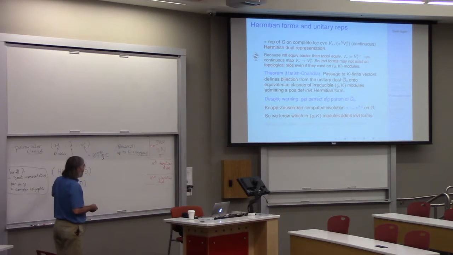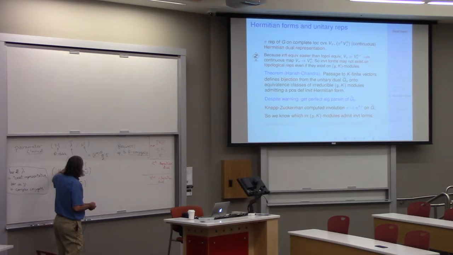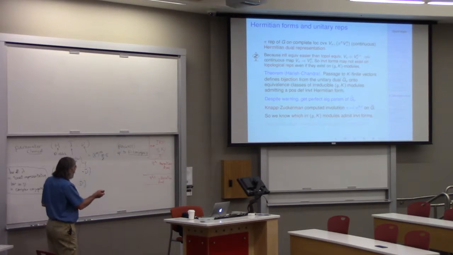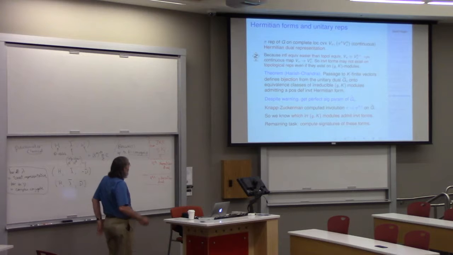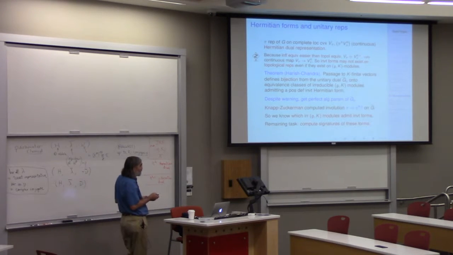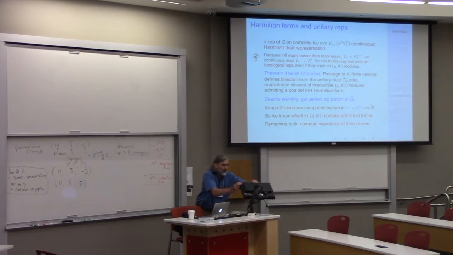So we know what this Hermitian dual operation is on parameters, and so we know which GK modules admit invariant forms, and what we are going to do is compute the signatures of those invariant Hermitian forms.